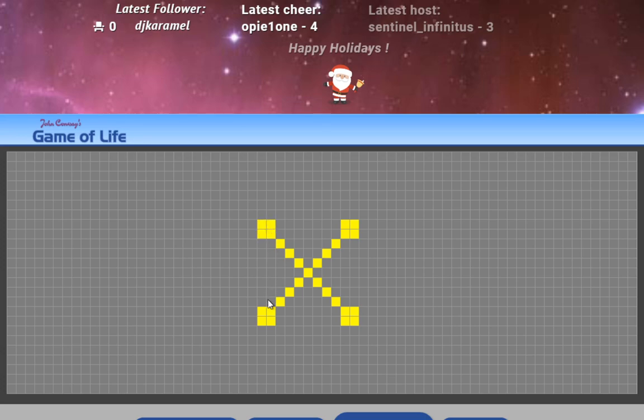Math and computer science and stuff, it's kind of my forte, but that's all symmetric. Okay, that was weird. It just exploded. Didn't like that for some reason. Let's take this off.